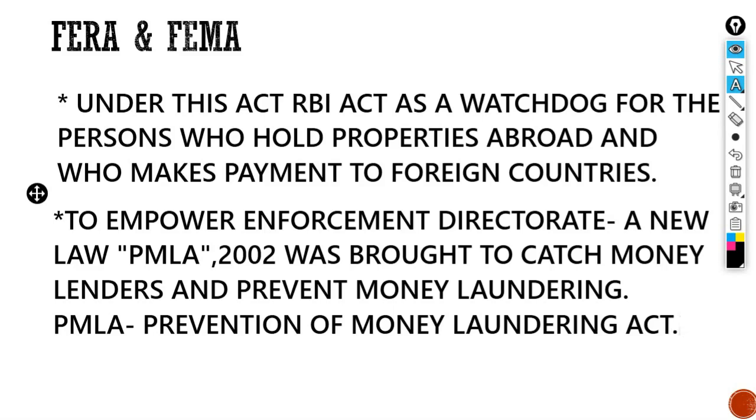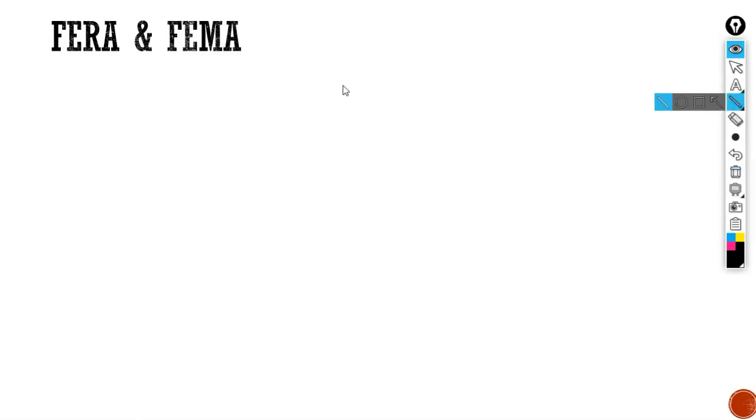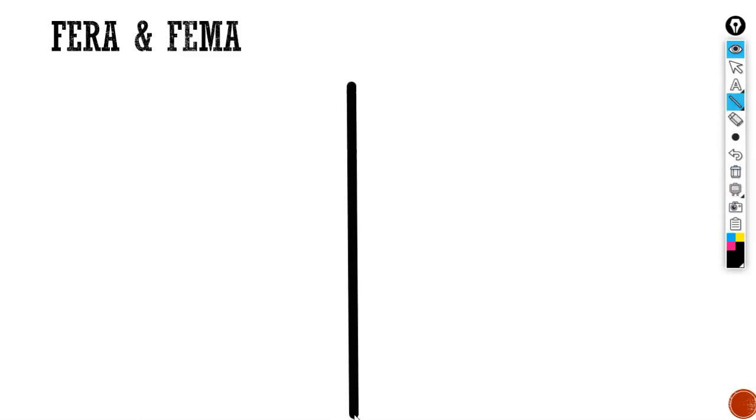So these were the basic differences between the two acts. FERA was basically much more severe. FEMA was a bit more liberal. To understand this much better, we will draw a distinction between FERA and FEMA. On one side we'll have FERA, on the other side we will have FEMA.